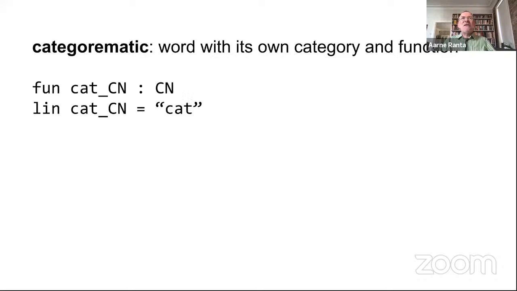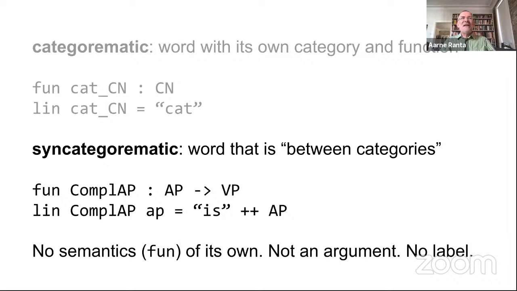So here is an example of a categorematic word, like cat is a noun, so it has its own category and function. Here is an example of a syncategorematic word, a word that is between categories. Like the copula is in adjectival predication.